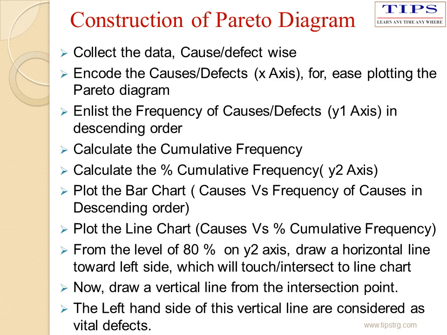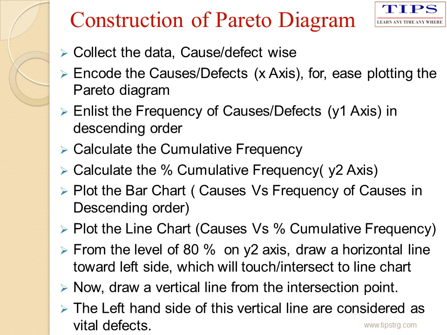This data will reflect on the y2 axis. Plot the bar chart: causes versus frequency of causes, meaning x versus y1 axis. Plot the line chart: causes versus percentage cumulative frequency, meaning x versus y2.